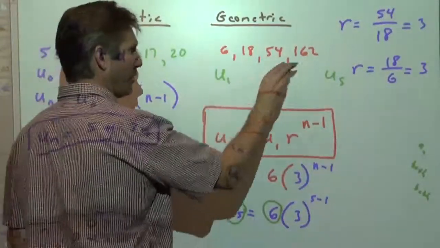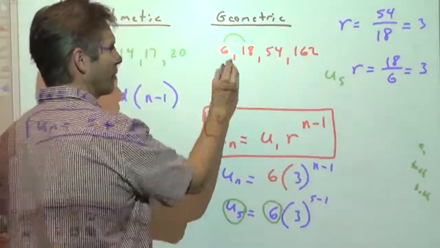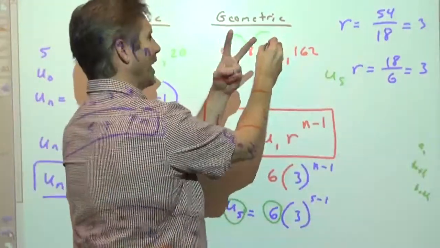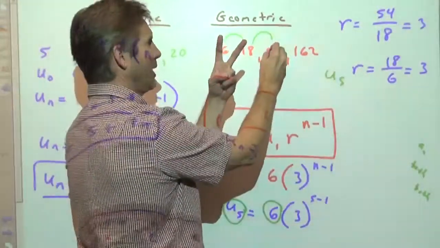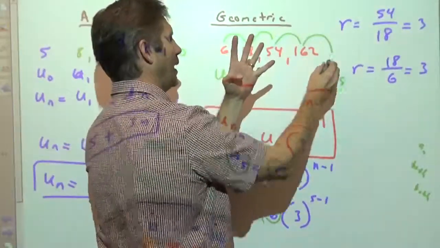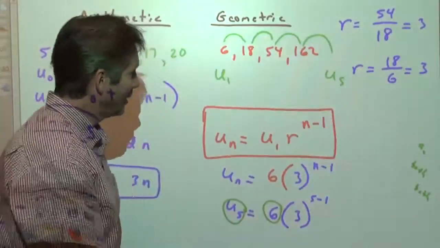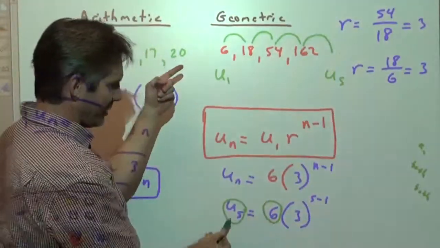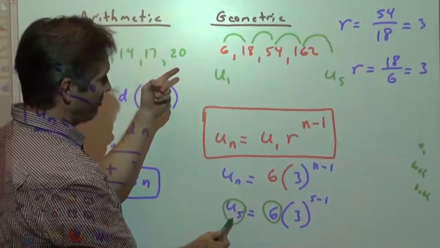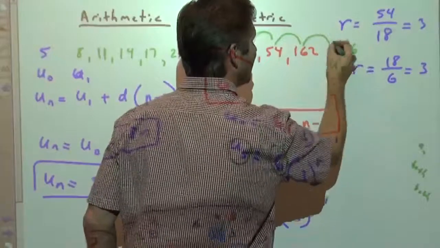Well, to go from the 1st to the 5th term, we'd have to multiply by 3 to get to the 2nd term. Multiply by 3 again, that's the second time we multiply by 3. Multiply by 3 again, and then multiply by 3 one more time. It takes 4 jumps, 4 multiplications of 3 to go from the first term of 6 to the 5th term, u sub 5, which is going to be 3 to the 4th times 6, which would be 486.